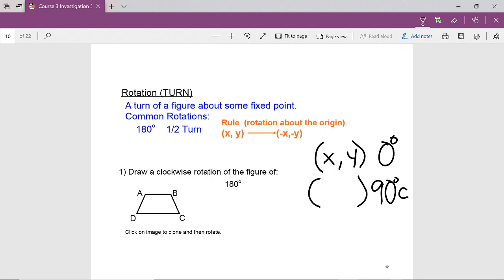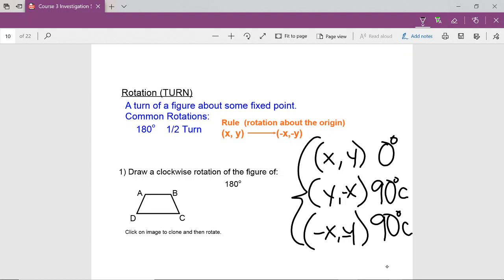That means that I flopped them, so I had x and y, and I made that x negative. Now maybe I do another 90-degree clockwise rotation, which means I've done a full 180. That means that I flopped them again, so I have negative x comma y, and I made this second one negative. Well, this in total equals a 180-degree rotation.